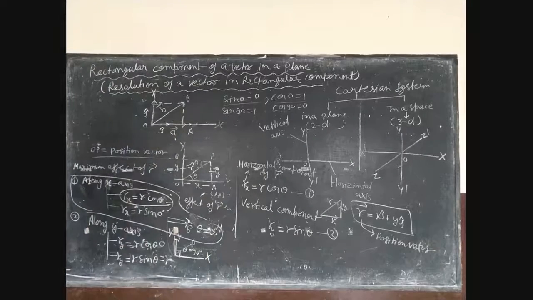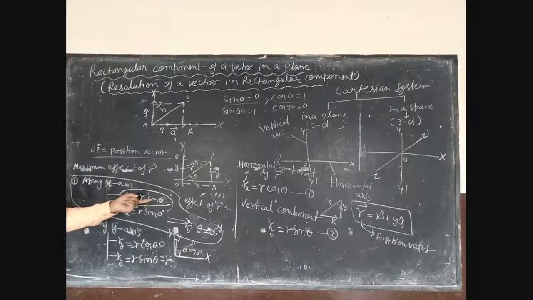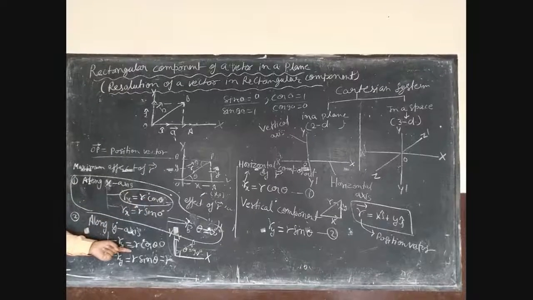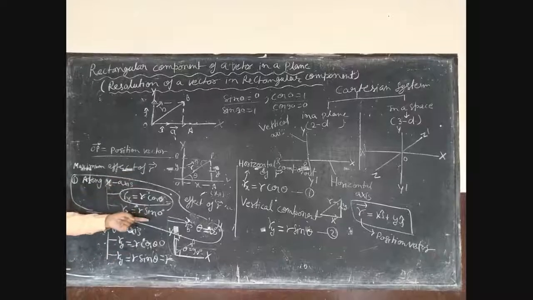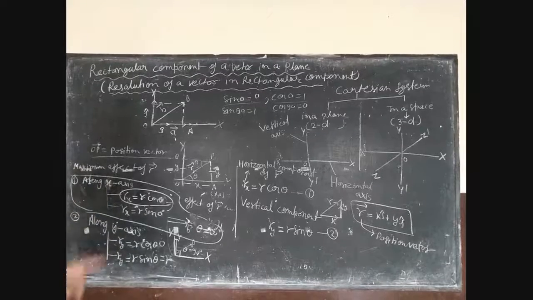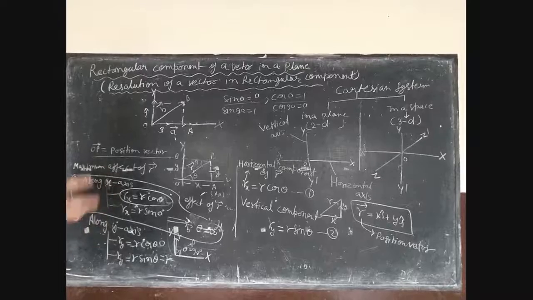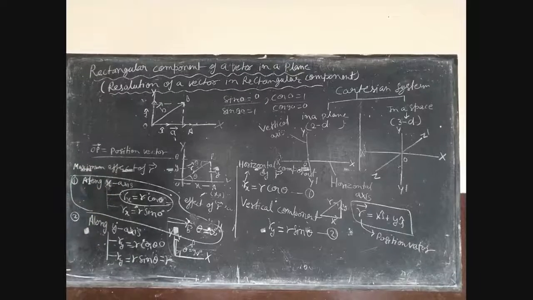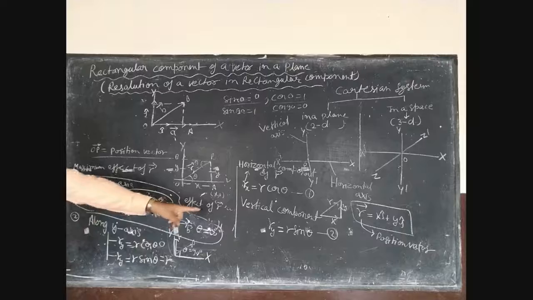So here I will explain why we use cos theta for the horizontal component and sin theta for the vertical component: because in the horizontal component sin theta is 0, and for the vertical component cos theta is 0. So we did all this to explain it. Understood?